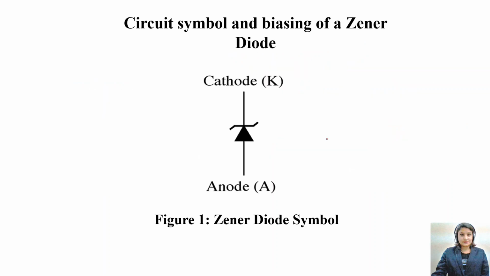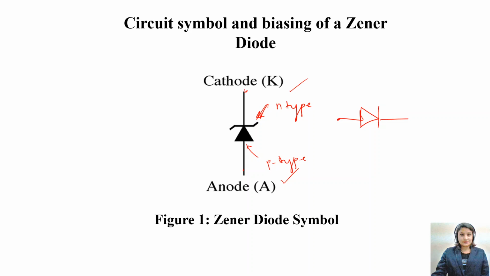Okay. So how to draw the symbol of the Zener diode in the circuits? If you see, the symbol of Zener diode is very much similar to the normal PN junction diode. The Zener diode also has the two terminals named anode and cathode. This side shows the p-type semiconductor, and this side shows the n-type semiconductor.